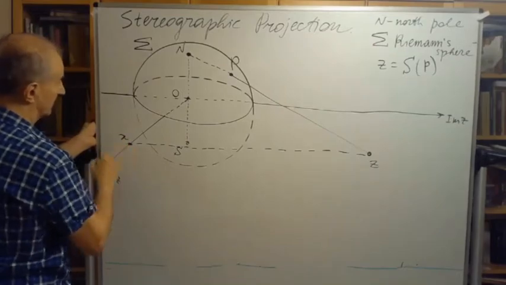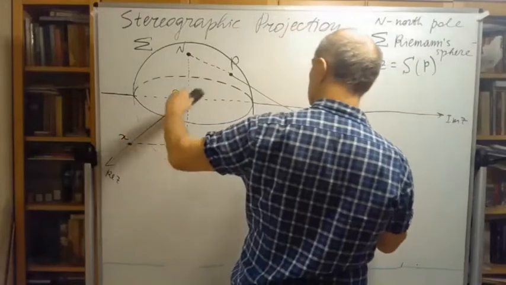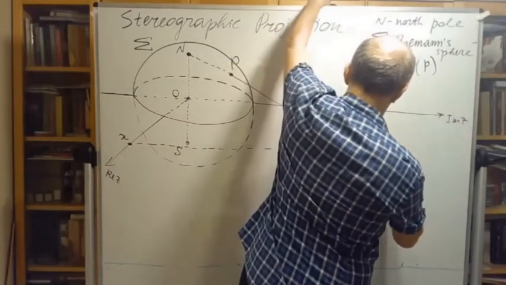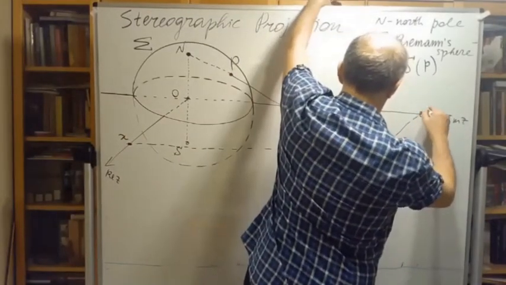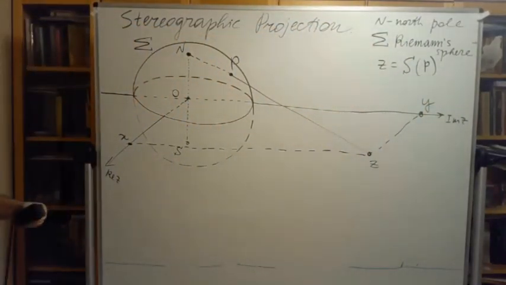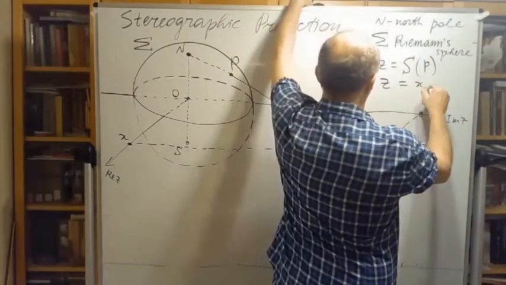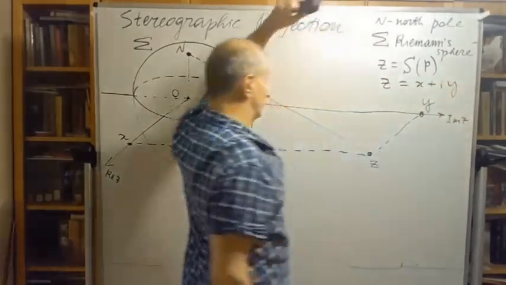This will be the x-coordinate of our complex number, and I will draw the line parallel to the real axis. This will be the y-coordinate of our number, right? Z is equal to x plus iy.